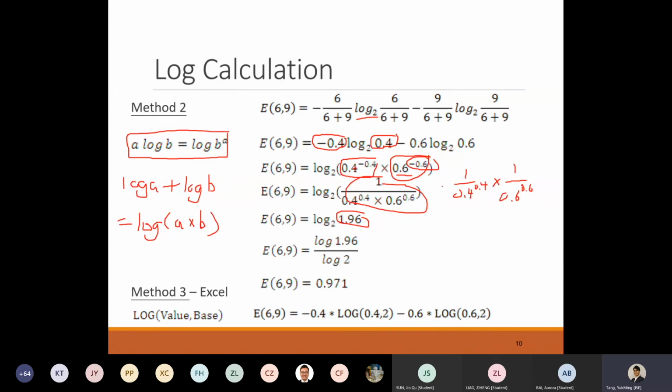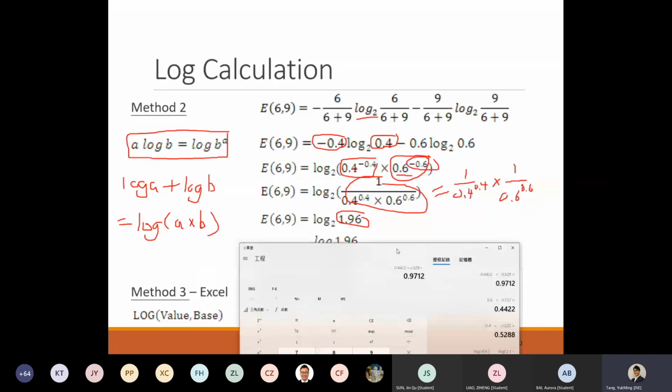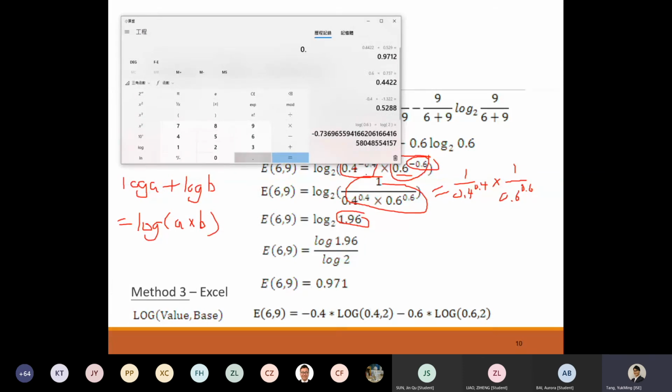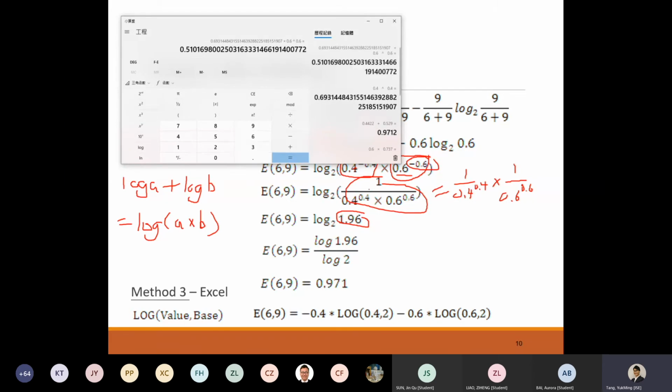So this one is equal to this one. Then we use the calculator: 0.4 to the power 0.4 times 0.6 to the power 0.6, and then 1 over this.